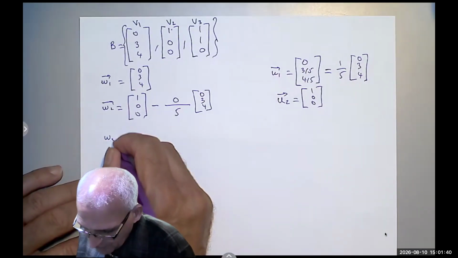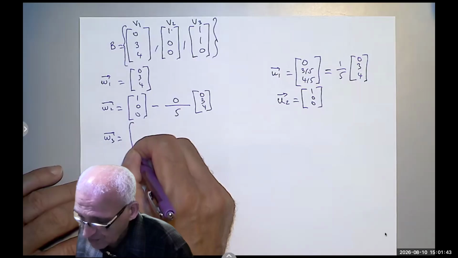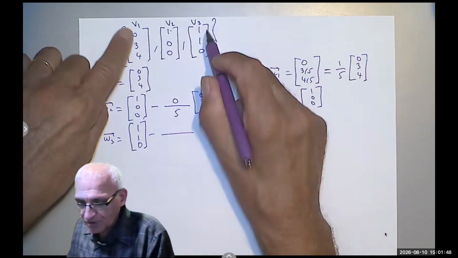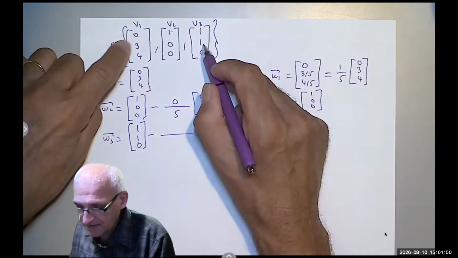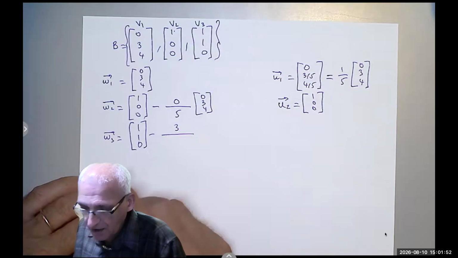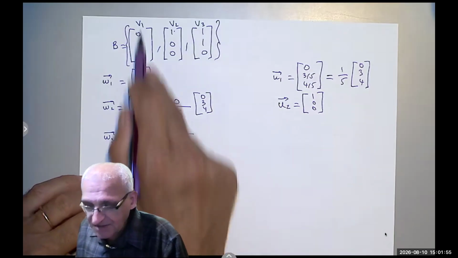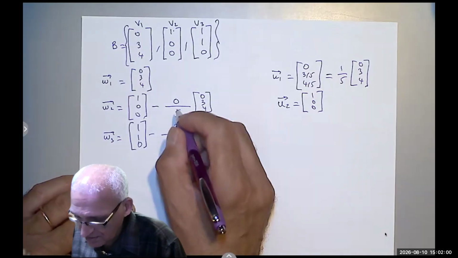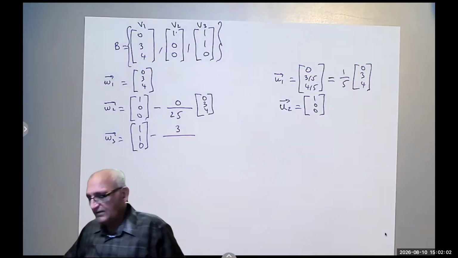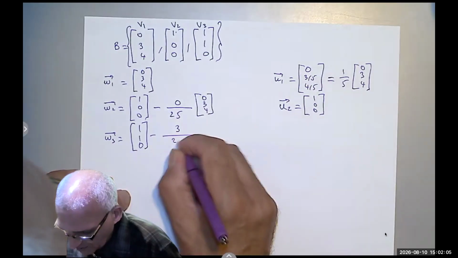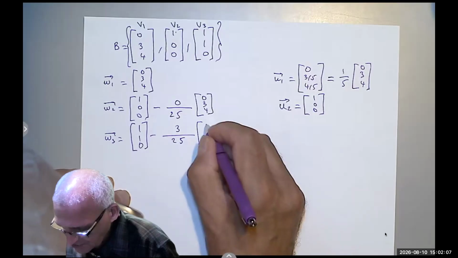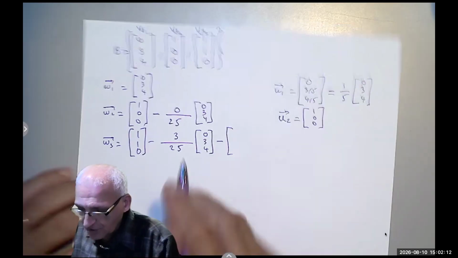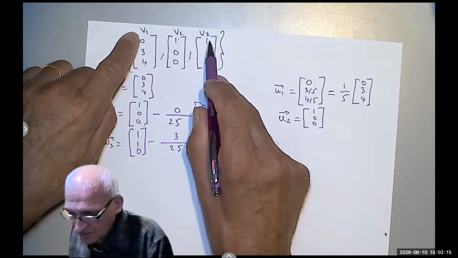Finally, I do W3, and I say W3 equals V3, 1, 1, 0, minus the dot product of these two, 0 plus 3 plus 0 is 3, over the magnitude of V1 squared. In fact, here we wrote 5, it should be 25. So over 25 times 0, 3, 4, minus the dot product of these two.